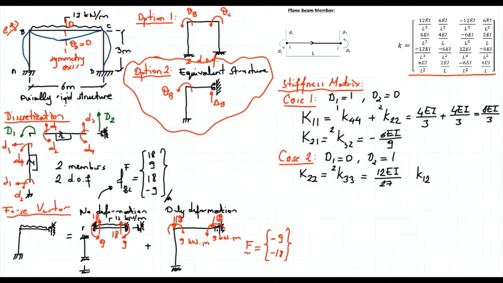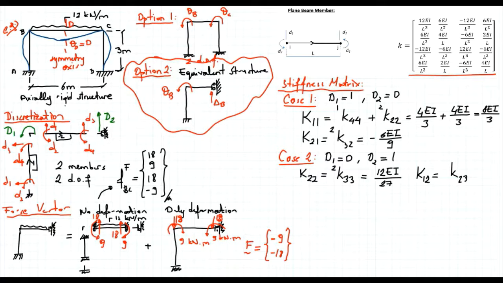So this is uppercase K12. That's equal to, again, I'm looking at this figure, D3 is equal to 1, and I want to keep D2 equal to 0. So that will be equal to, D3 is equal to 1, and I want to keep D2 equal to 0.